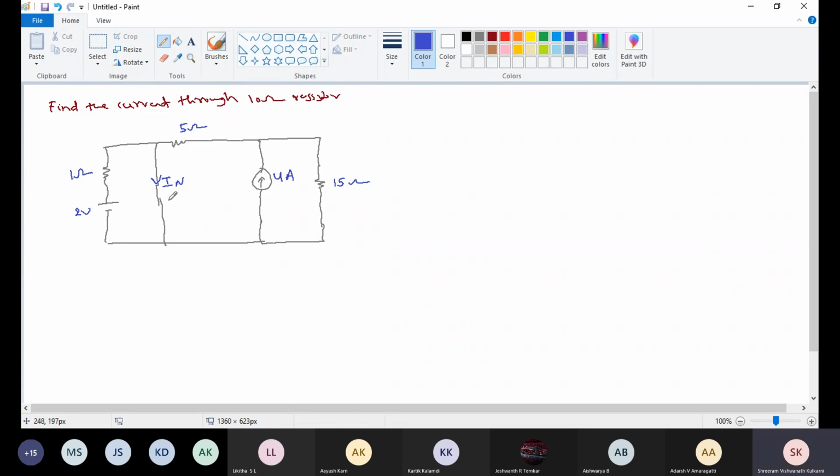Then I consider the 10 ohm points, this one as A, this one as B. Before short circuiting, the 10 ohm resistor is there. In the question they asked to find the current through the 10 ohm resistor, so I short circuited the 10 ohm resistance. I marked that 10 ohm resistor's terminals A and B.